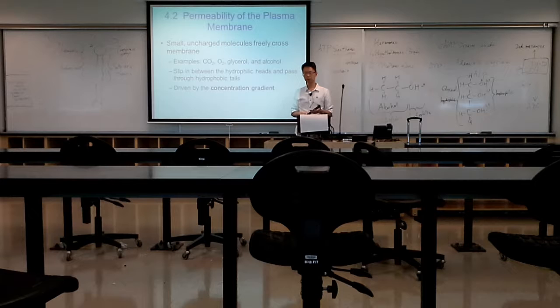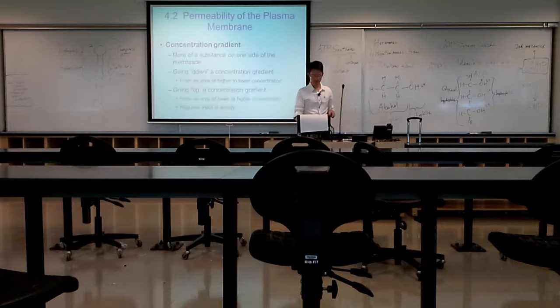We'll talk about diffusion in the later slides today. Concentration gradient. So usually more substances will be on one side of the membrane, but on the other side of the membrane they will have less of the substances.